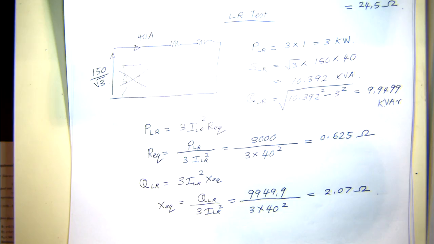So the next topic is on braking methods of induction machines. So when you are running an induction machine, you can turn the induction machine off simply. If you just turn it off, it will spin down to zero speed.